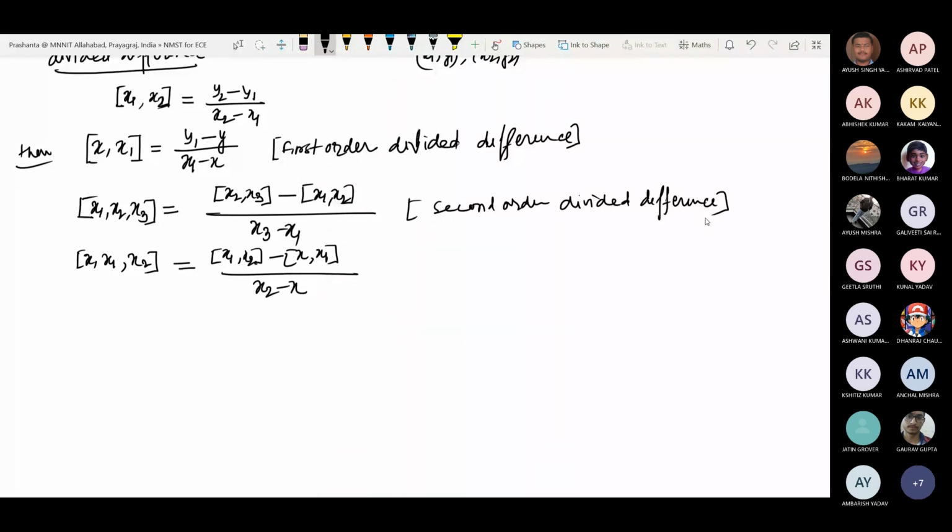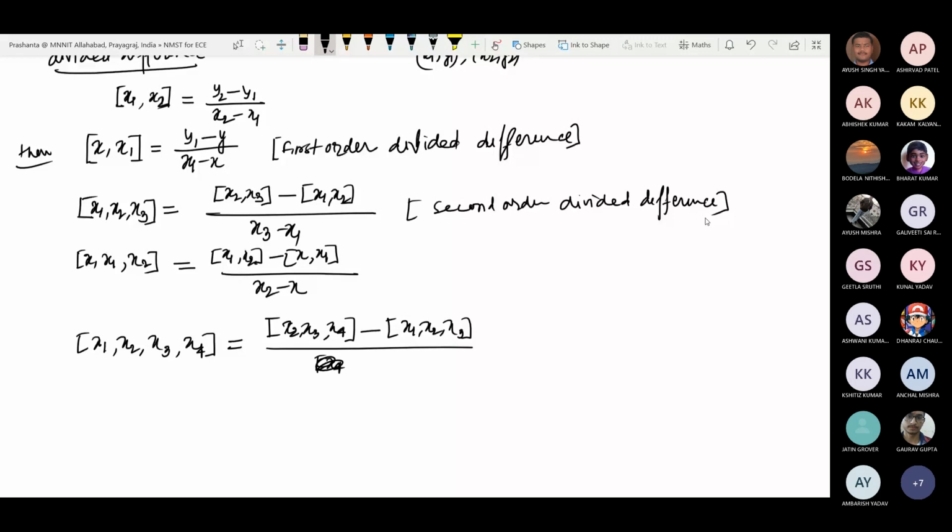So similarly, you can define the third order divided difference for 4 data points. Just tell me what this will be, and then I will try to derive Newton's divided difference formula. What will the divided difference of x1, x2, x3, x4 be? It is the divided difference of the last 3 data points x2, x3, x4 minus the divided difference of the first 3 data points x1, x2, x3, by x4 minus x1.